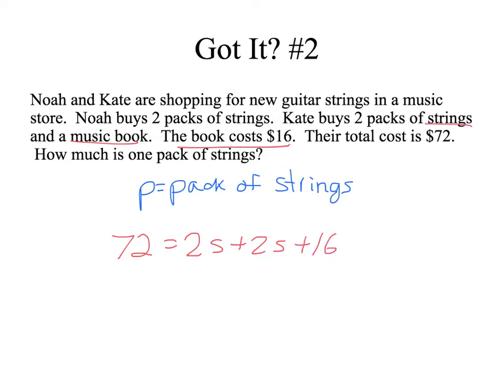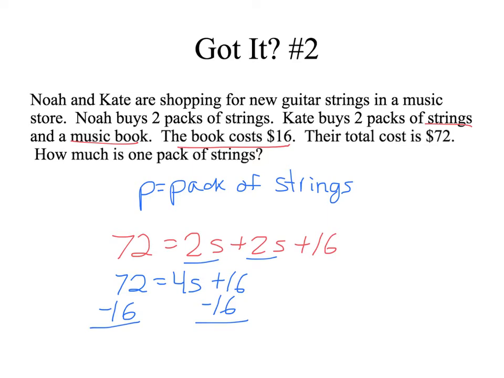Eventually, we're going to get to equations where you have to figure out the cost of the strings and the cost of the music book. But because we're just practicing this in one variable for now, they have to tell you the cost of the book in order for you to be able to solve the problem. So combine like terms. We have 72 is going to equal 2S plus 2S would be 4S plus 16. Solve the two-step equation. Subtract 16 from both sides.